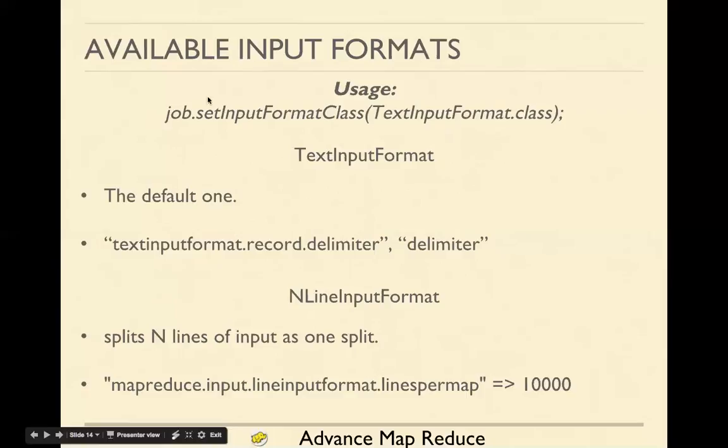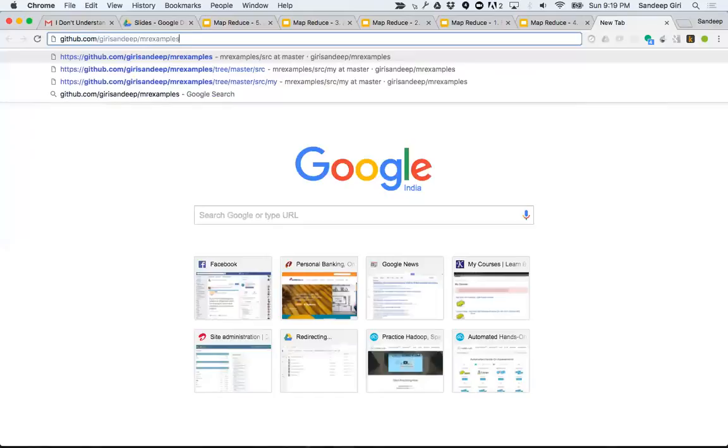Let's say you want to make sure that each input split has exactly an equal number of lines. Then you can use another input format called NLineInputFormat. There we can also set variables like this. See the example that we discussed yesterday, the GitHub one.